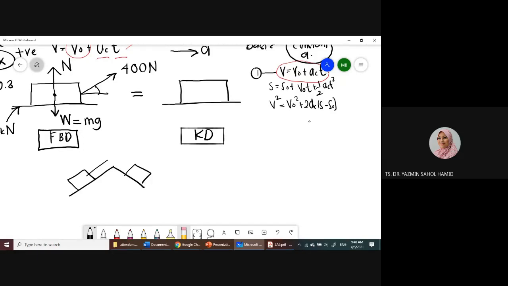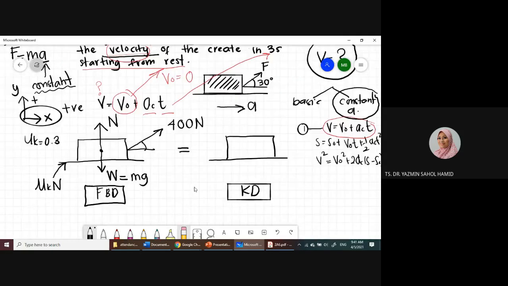The crate can move downwards, or the crate can be hanging like this. There are a lot of examples. So for these examples, you have to be able to identify the direction of the acceleration. Understand, guys? Yes, madam. All right.